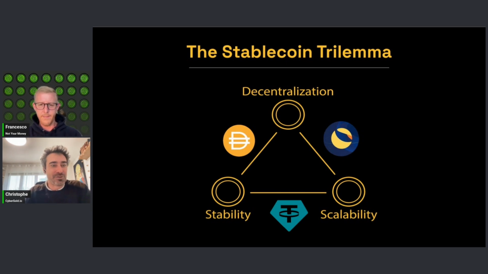But they are good on decentralization, and they are very scalable. But this can cause some kind of systemic risk, as we have seen with the collapse of Terra Luna.